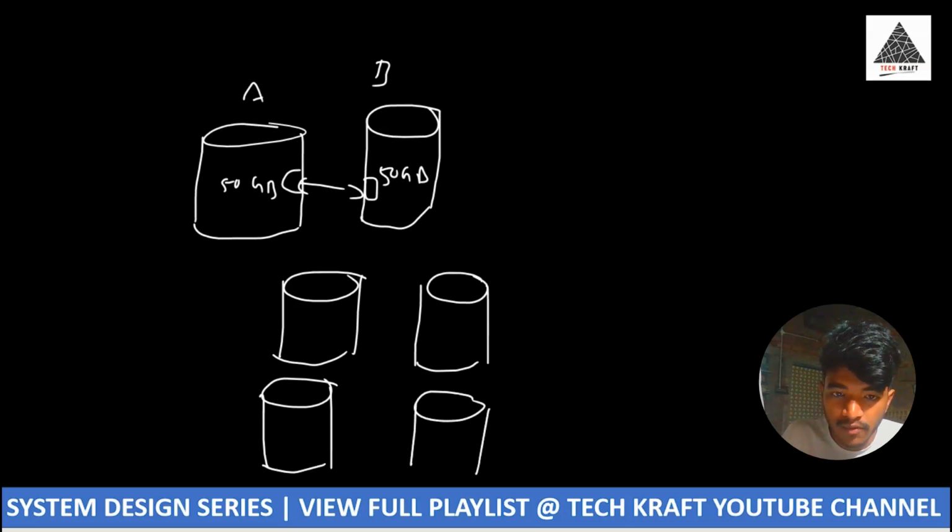We have only user ID and user name. So think for a while, how do we distribute the data into these four servers, on what basis do we distribute the data?